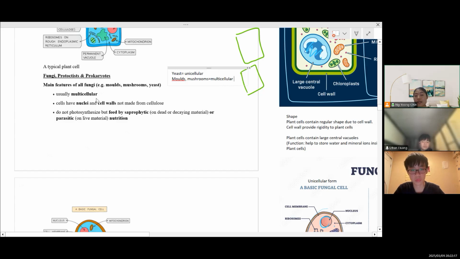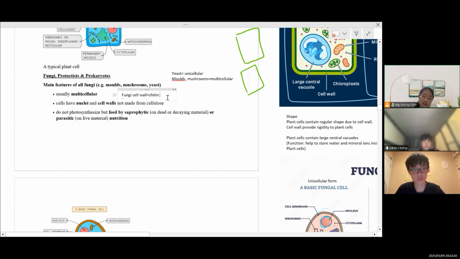A eukaryote cell contains a nucleus and also a cell wall. In fungi, the cell wall is made from chitin. Fungi cell walls are made out of chitin, a very hard structure.